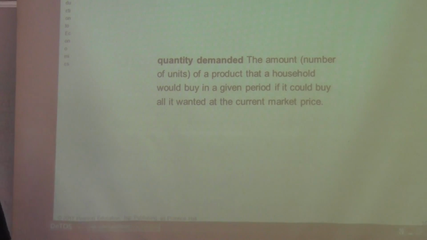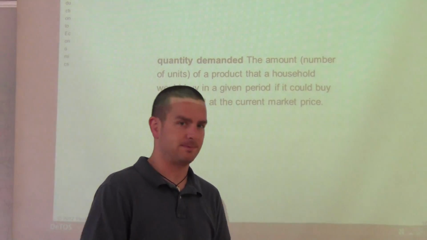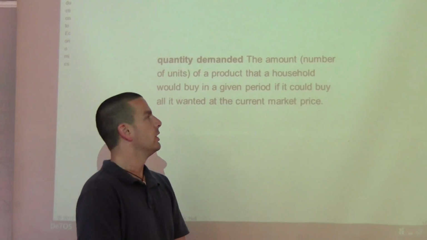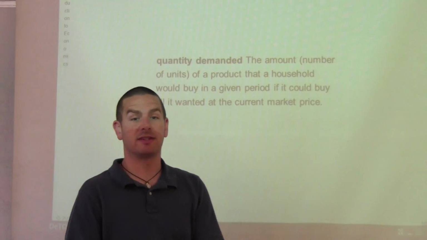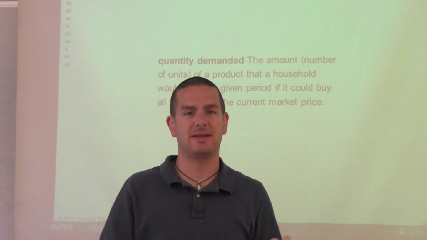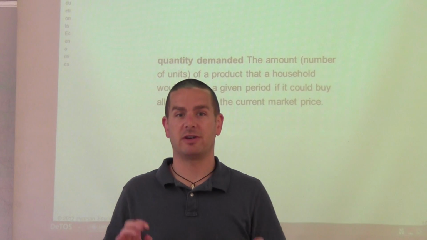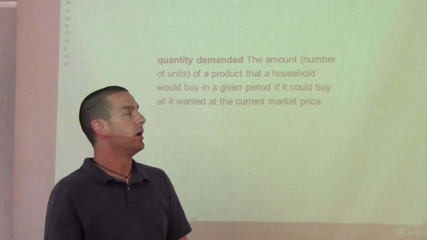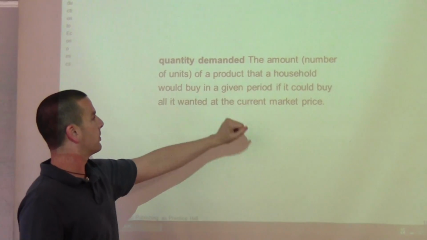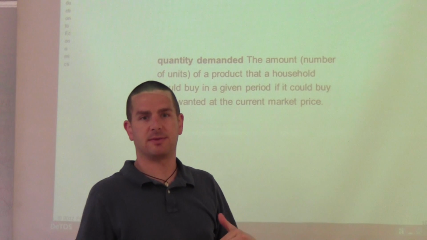Okay, now we're getting to supply and demand. Here's an incredibly important definition. Quantity demanded. This is very important because there's a difference between quantity demanded and demand. It's going to be very different. Quantity demanded is how much of a product you want to buy at a specific price.